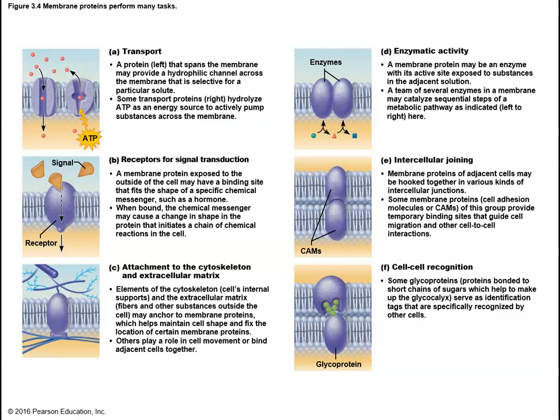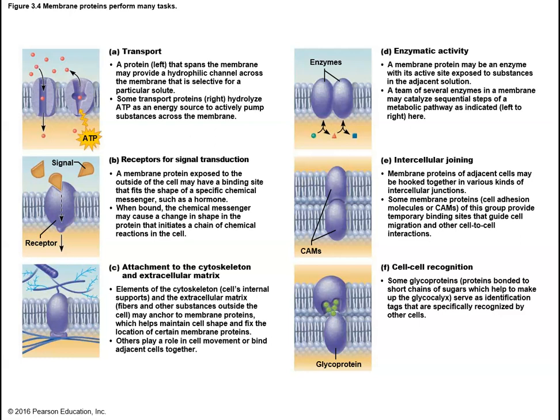Function E, intercellular joining, is a little bit more interesting in that this is how cells attach to each other. And in your reading assignment, you'll get to those different attachment types and understand what we're talking about there. It'll be things like gap junctions and tight junctions and desmosomes, things like that. Different ways cells attach to each other.